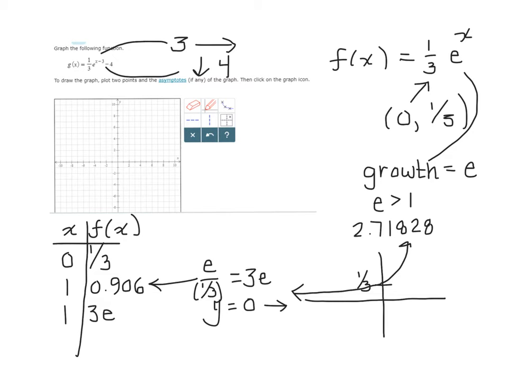So I'm going to go to just a blank screen where I have a little bit more room. If we were to take the points that we have in our table for the parent function, f of x, we had 0, 1/3, and we had 1, 3e.